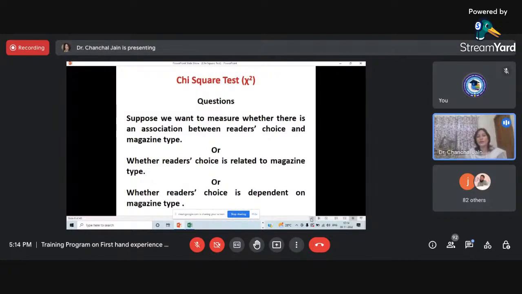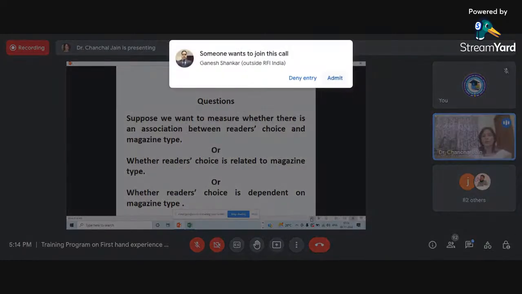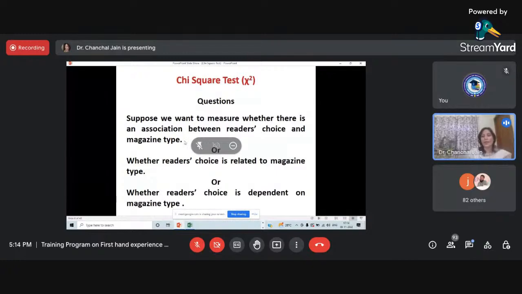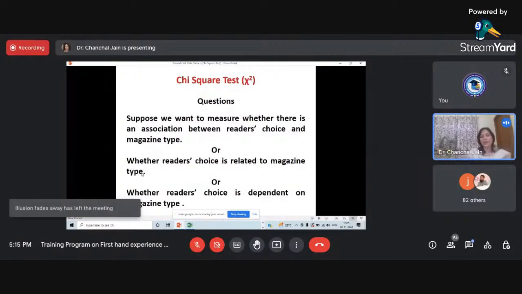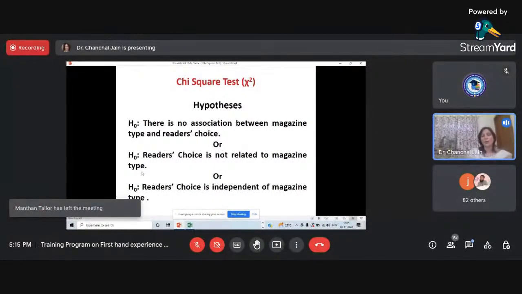For these differently formulated questions, we can make three different types of hypothesis for the chi-square test. For the first question, whether there is an association between reader's choice and magazine type, our hypothesis will be: there is no association between magazine type and reader's choice. For the second question, whether reader's choice is related to magazine type, my hypothesis is: reader's choice is not related to magazine type.